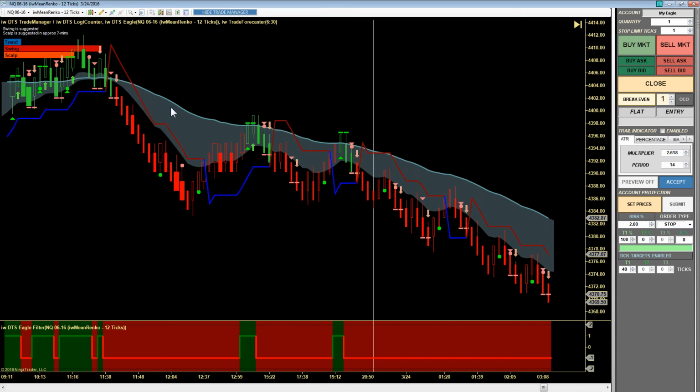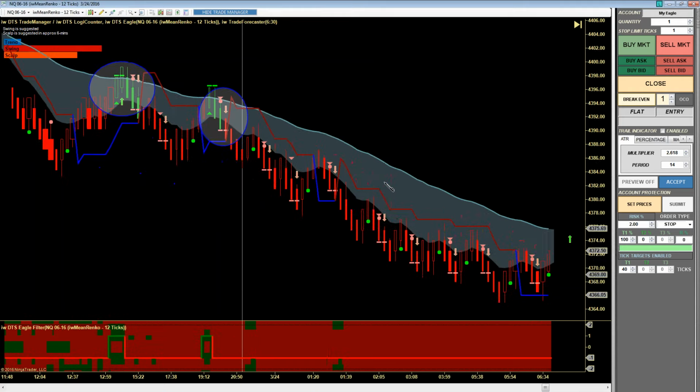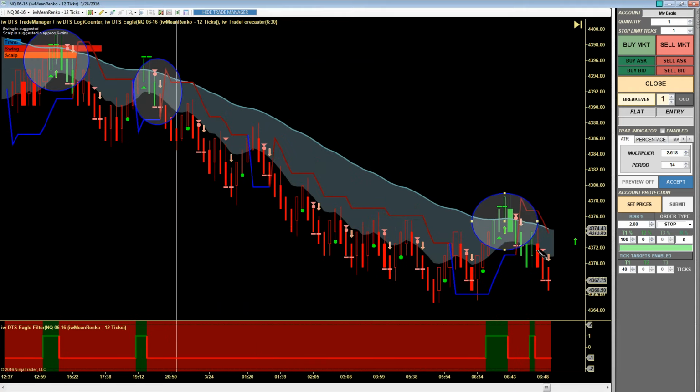And in the case of a downtrend, we're going to be looking for a green bar combination with a sell signal. This is what we call the green bar sell. So we have one right here. We have one a little bit later. And we have another one right here.